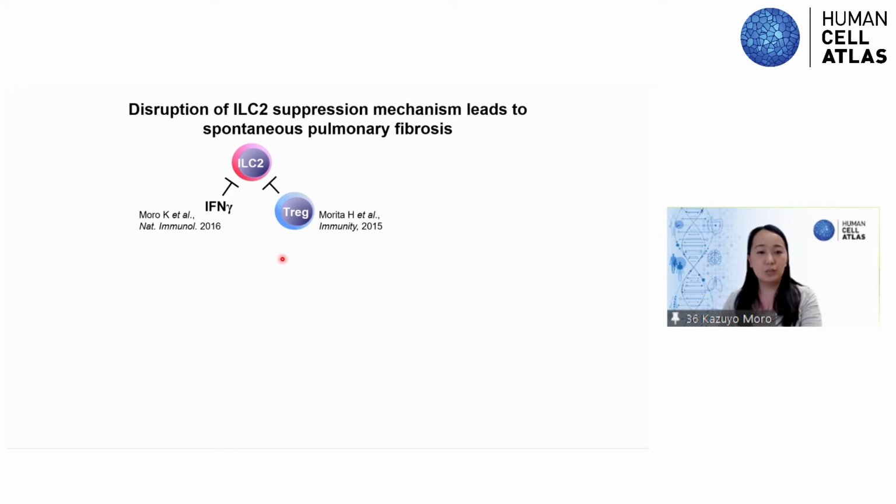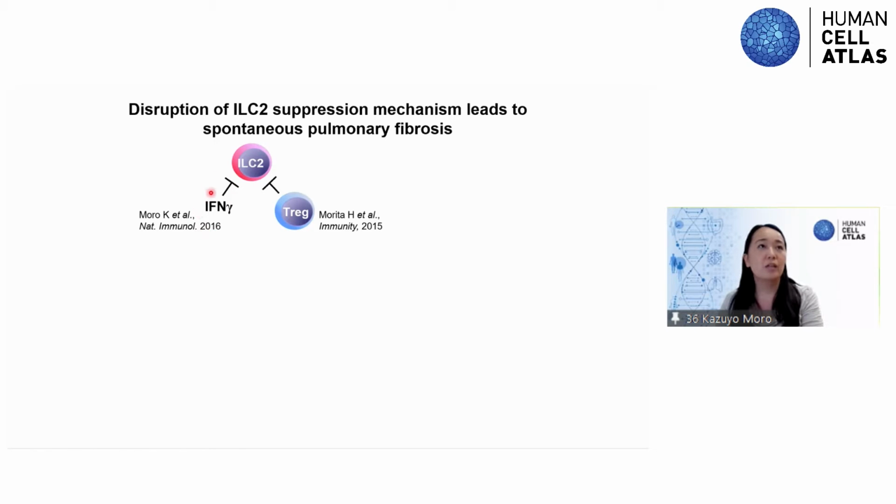The reason why we started this project was kind of an accident, because during 2016 and 2015, we were focusing on the suppression mechanism of ILC2, because in many diseases, ILC2 is doing something bad. So we wanted to learn what kind of factor can suppress ILC2.